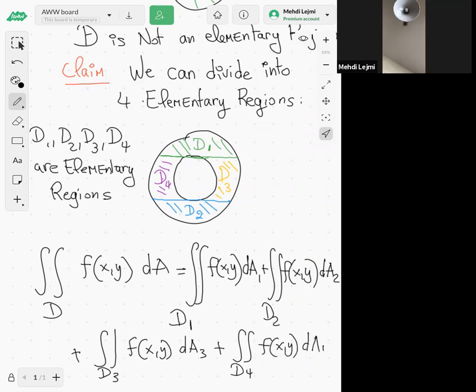So what I'm saying, guys, in this remark is that if your region D is not an elementary region, you can try to divide it into elementary regions, and then your integral over D would be the sum of the integrals over your elementary regions. That's what we do when we have a region which is not an elementary one.